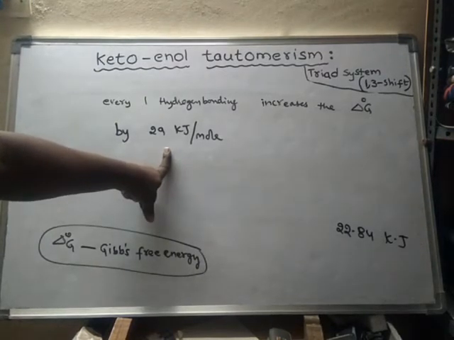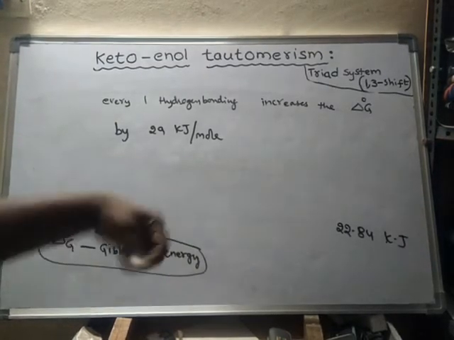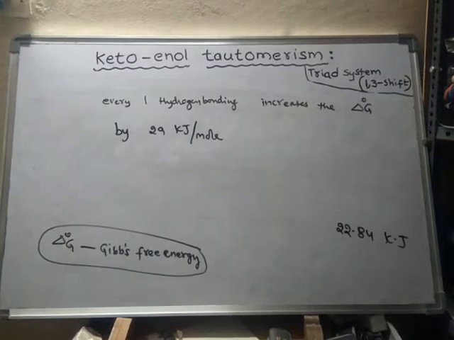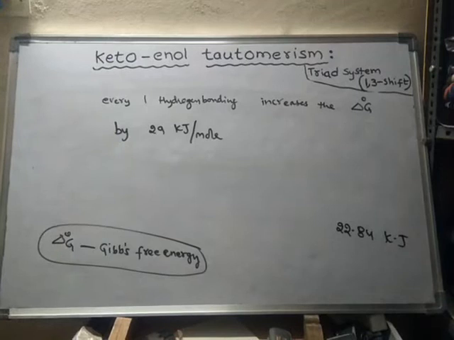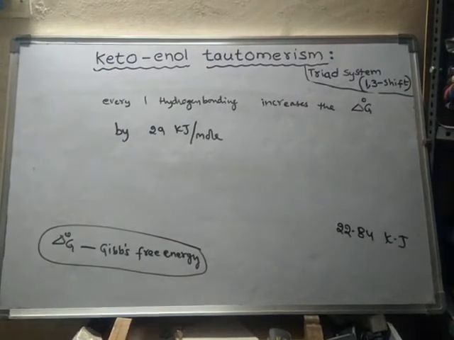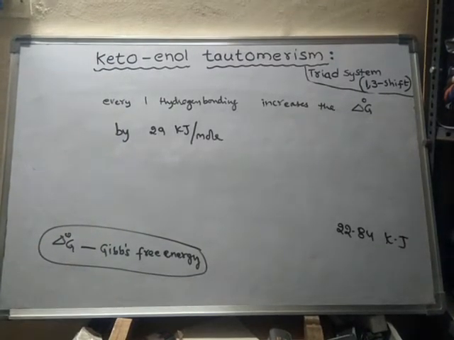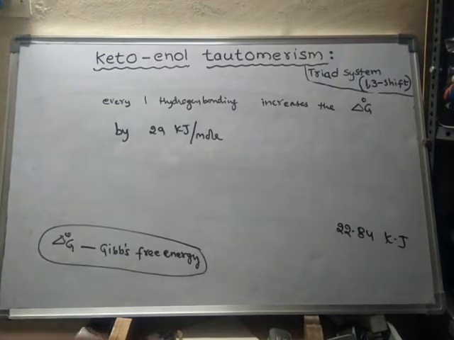As a result, the enol form will have more Gibbs free energy when compared to the keto form. So in that case, if Gibbs free energy is more, then stability increases, and the percentage of enol in the compound will be more.